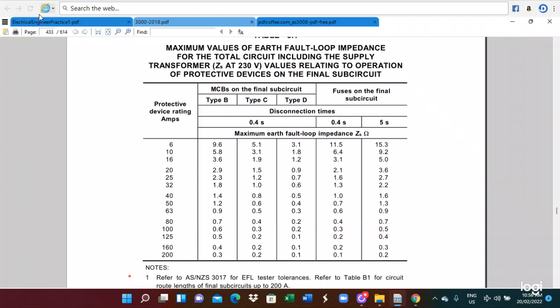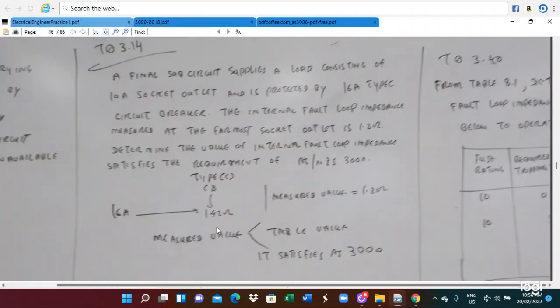So this is the fault loop impedance we calculated, 1/9 ohm. The socket outlet impedance measured value is 1/3 ohm, and the table value is 1/9 ohm.